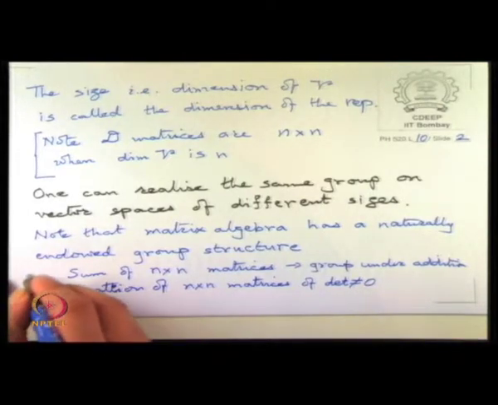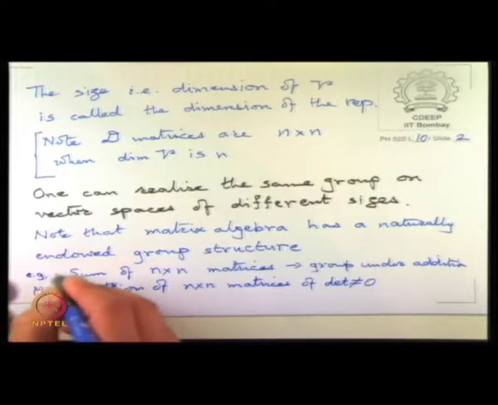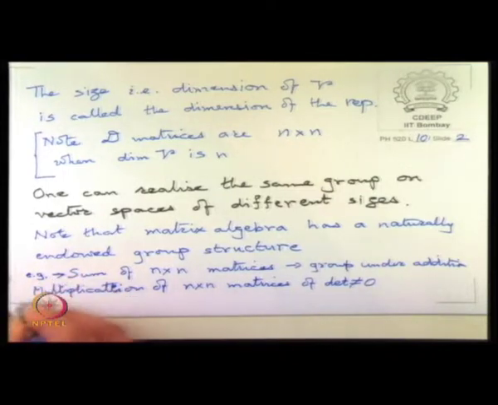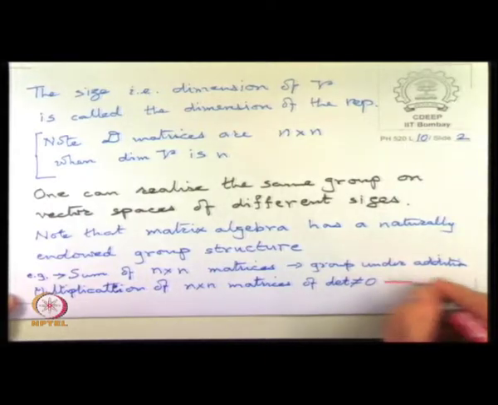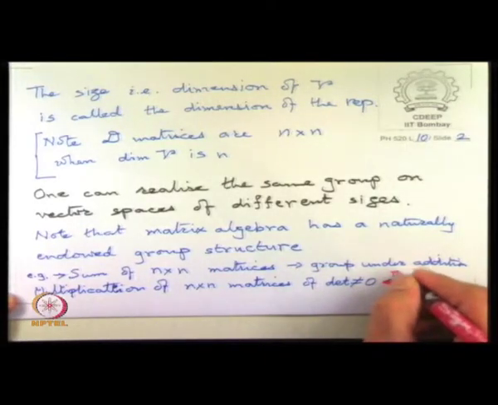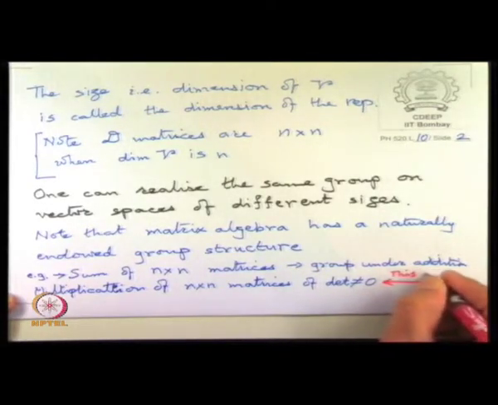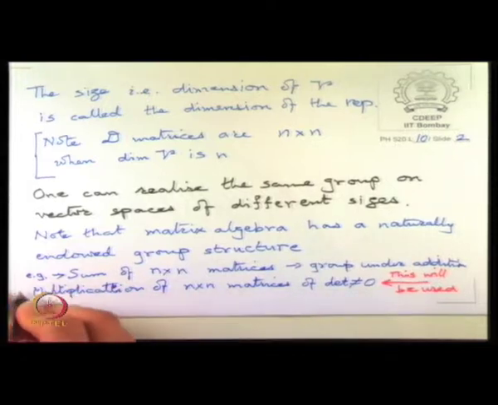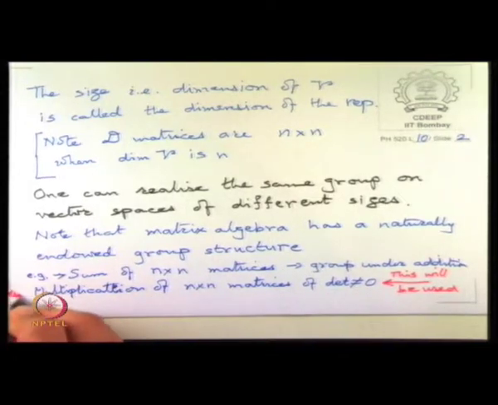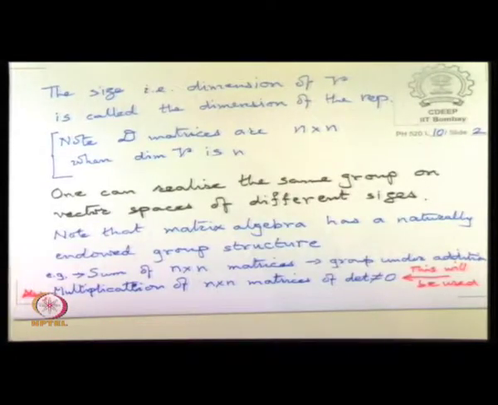So for example, one is this, but the one we will be using is the second one. Also we have multiplication, and that is what we will be using.